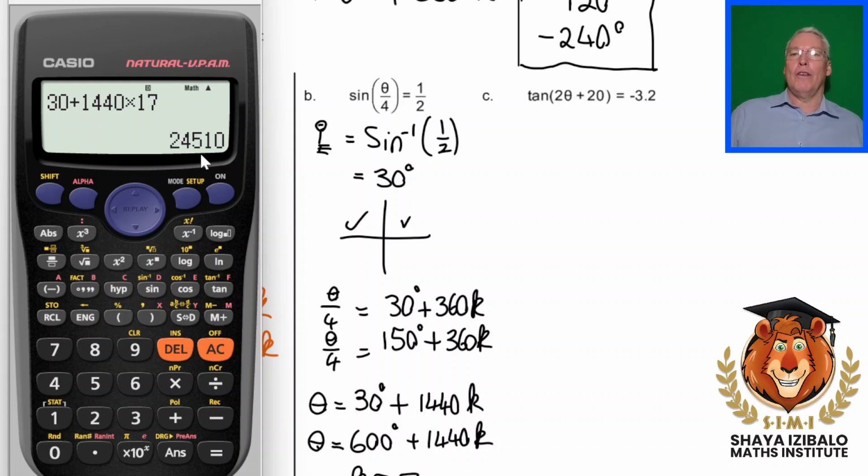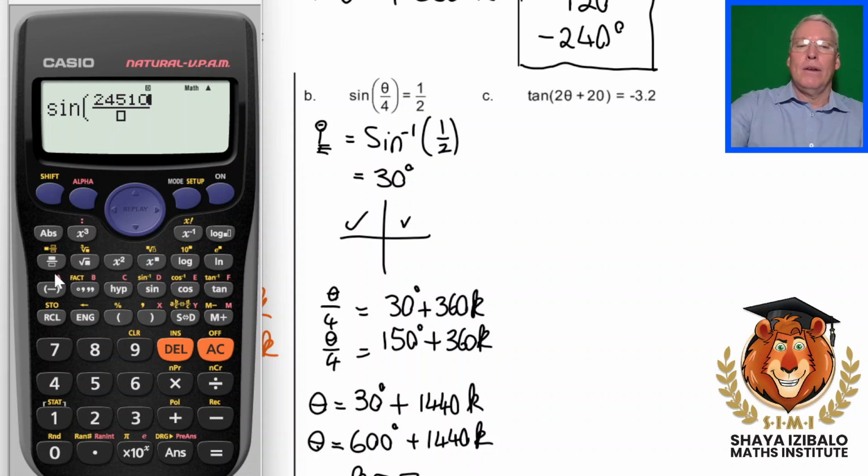We're going to take that angle and put it into the original equation and see if it gives us a half. So the sine of 24,510 over 4, putting it right into the original equation. We should get a half.